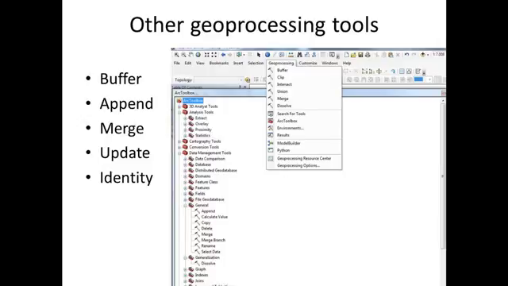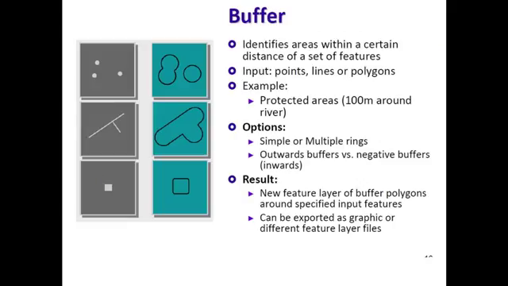So some of the other ones that we're going to talk about today are in your toolbox. You guys did an exercise with buffer for your lab, but we're going to go through that as well as append, merge, and these two, which we'll just go quickly over because we don't have the tools in our toolkit yet. So buffer should seem like a pretty standard analysis for you guys, especially being in biology. Whenever you need to know things that are within a certain distance of another thing.